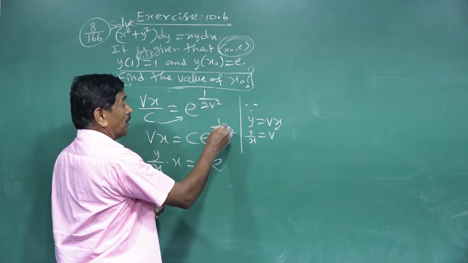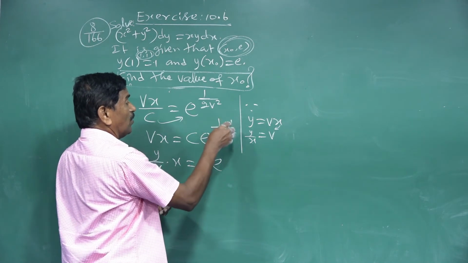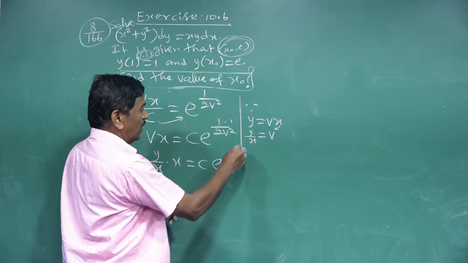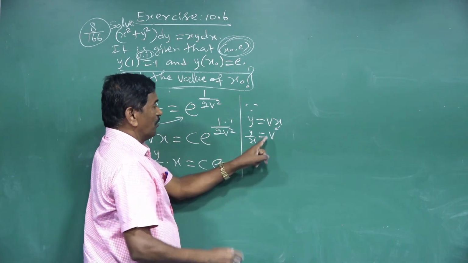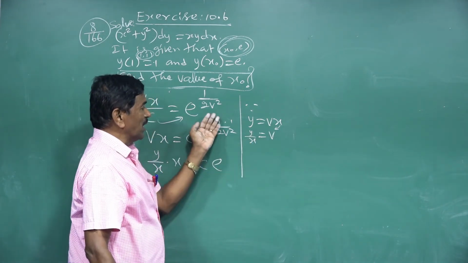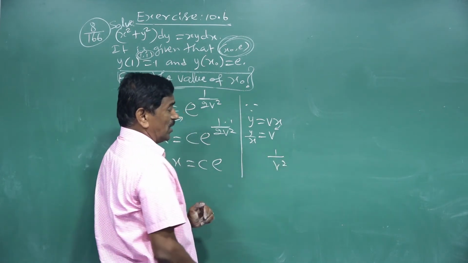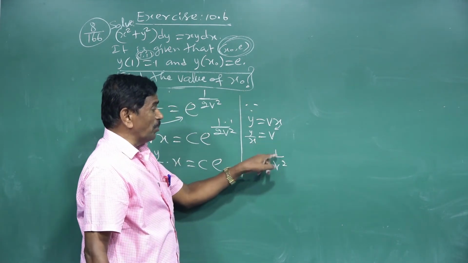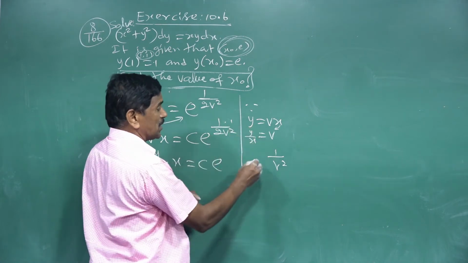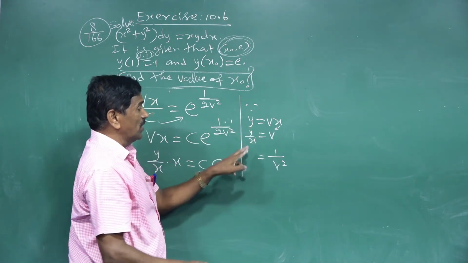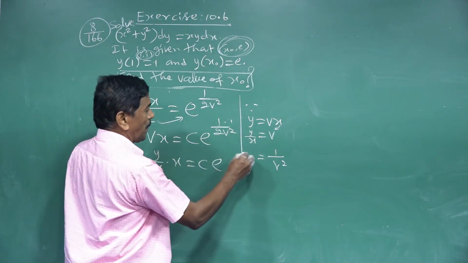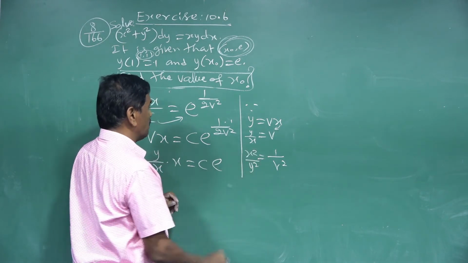That is, it is of the form 1 by 2 into 1 by v square. Remember, v square equal to y square by x square, but here available is 1 by v square. So let us make 1 by v square. Here reciprocal 1 by v square means this part also becomes reciprocal. So 1 by v square equal to x square by y square. Okay, x square by y square, that is important.